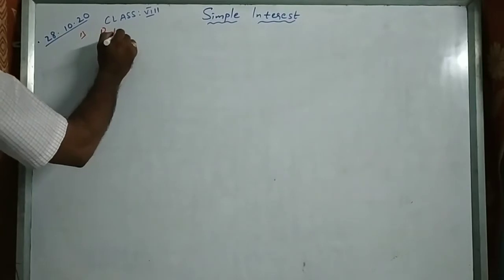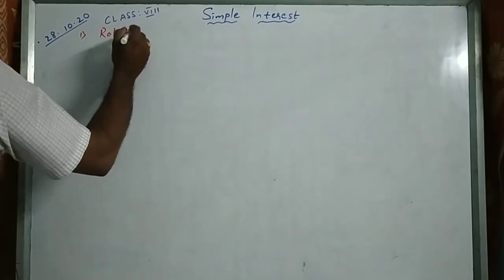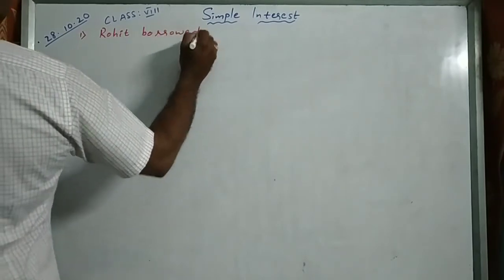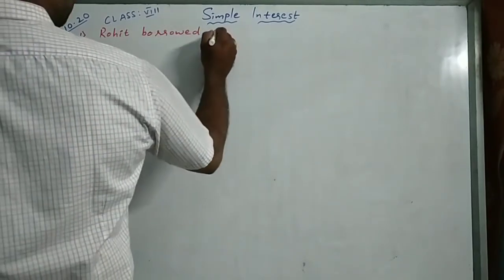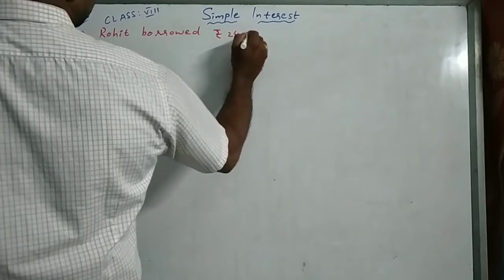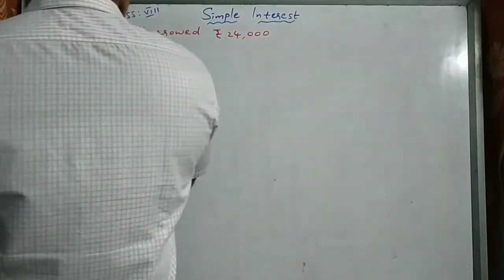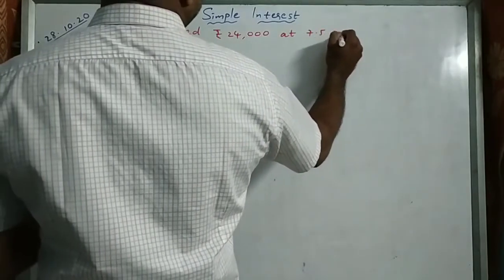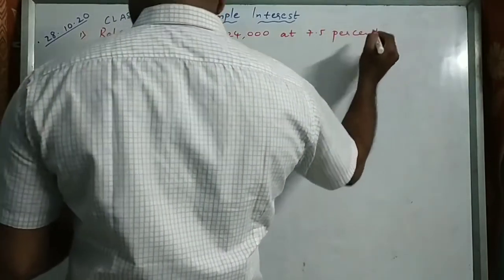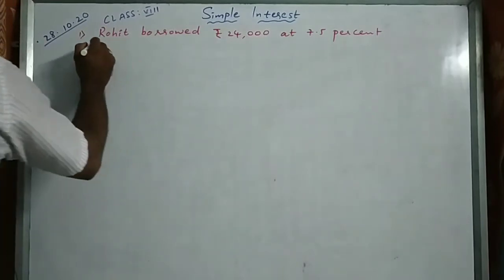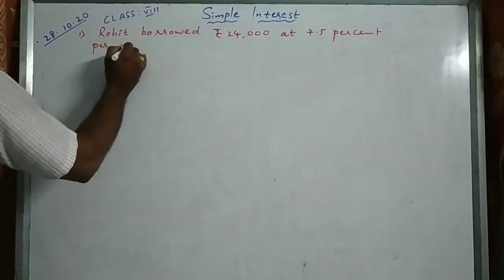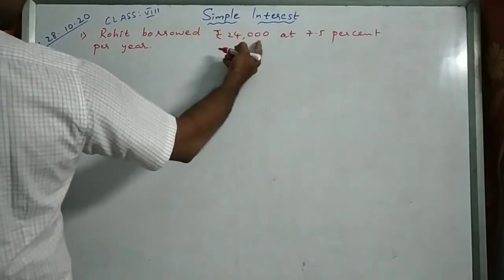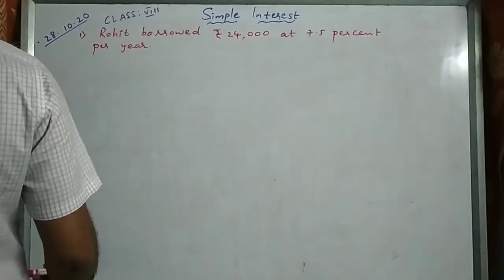Rohit borrowed rupees 24,000 at 7.5% per year. Okay, that means principal amount is this and rate of interest is this.